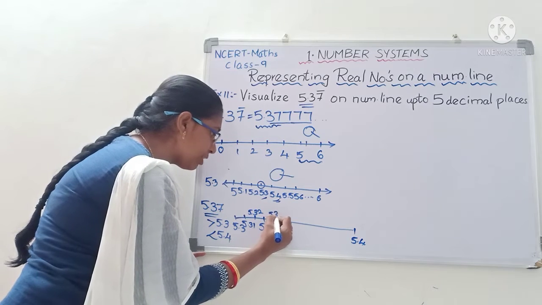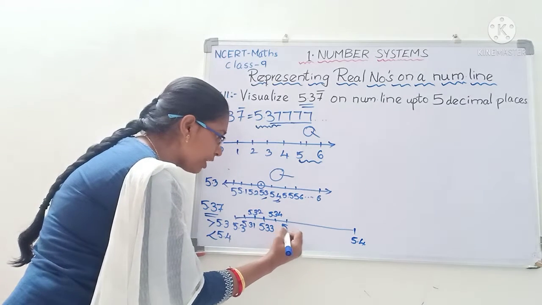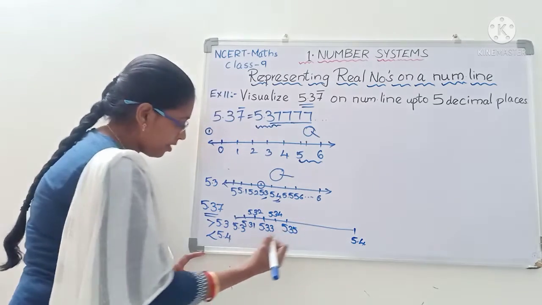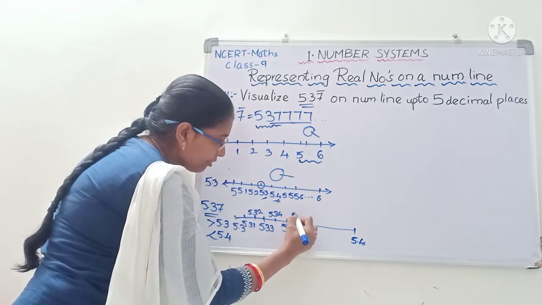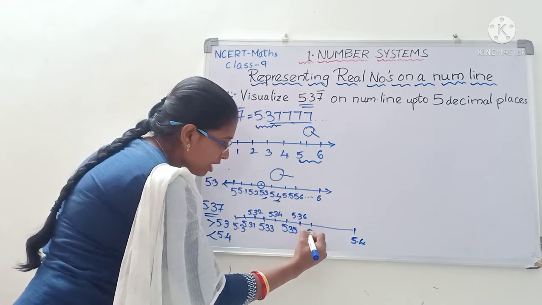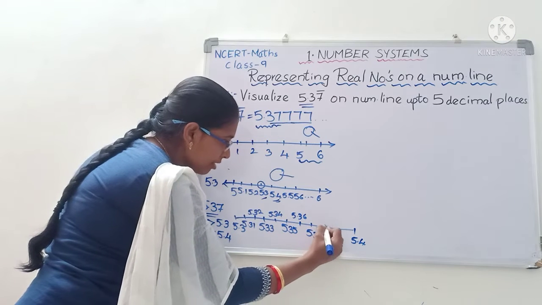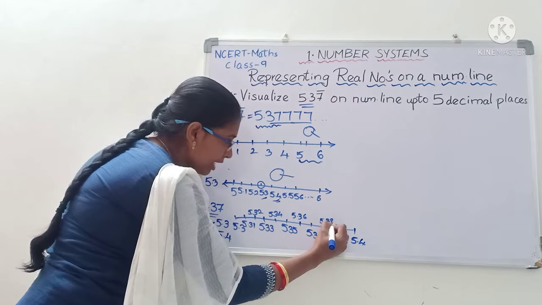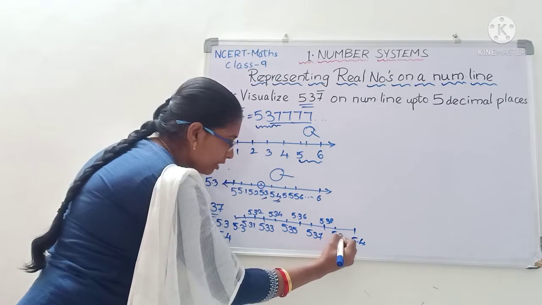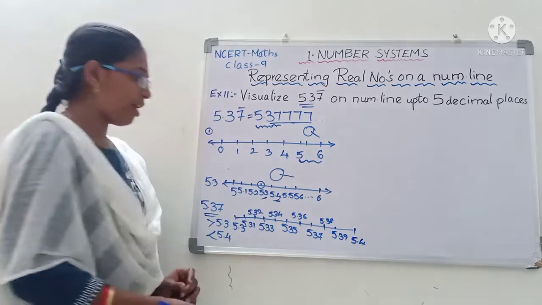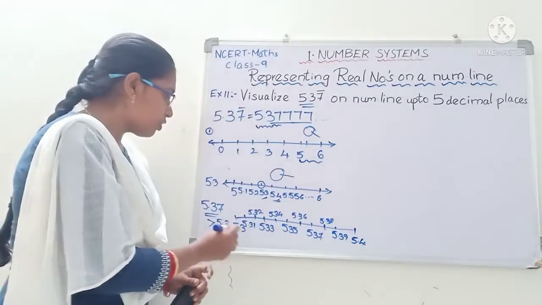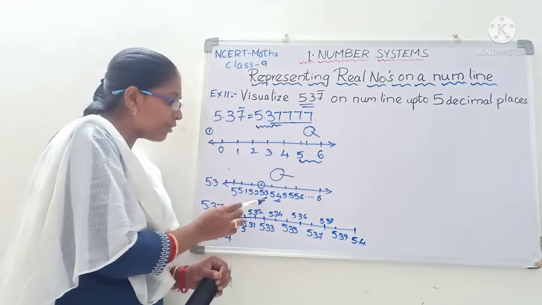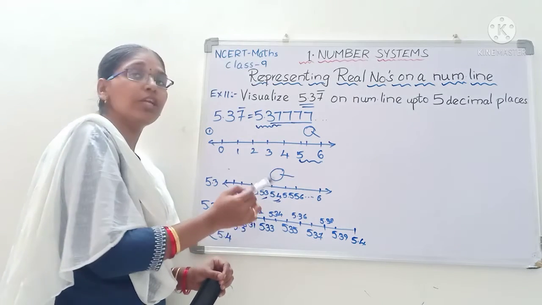Next 5.34. Next 5.35. Next 5.36. Next 5.37. 5.38, 5.39, then 5.40. So children, using the magnifying glass, again you divided 5.3 to 5.4 into 10 parts.